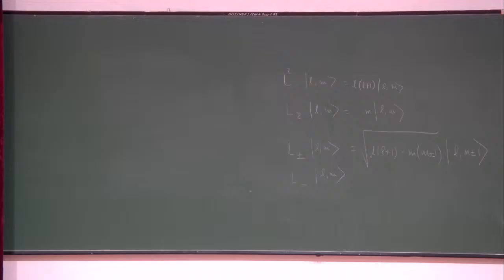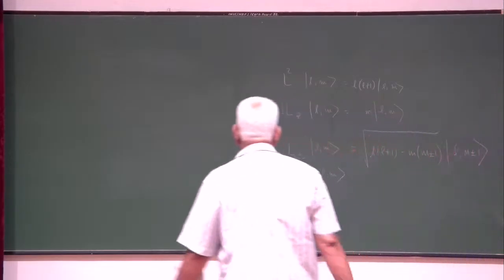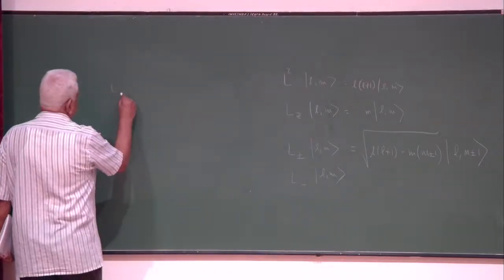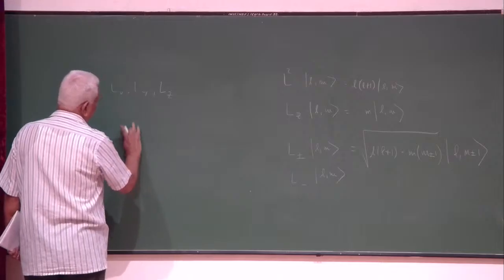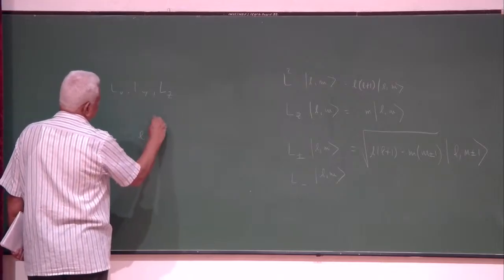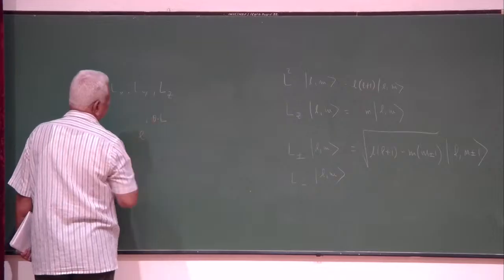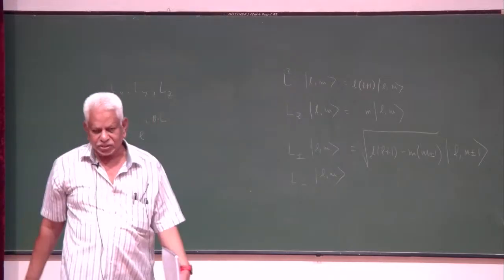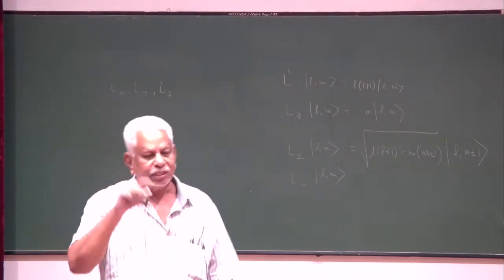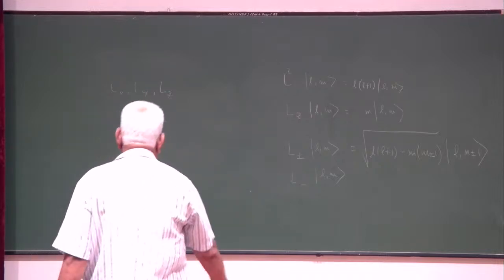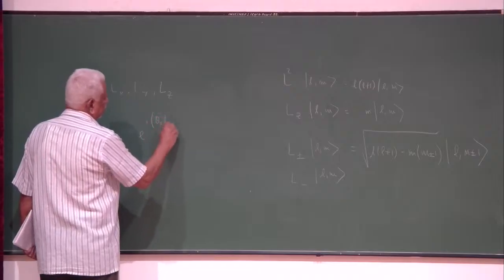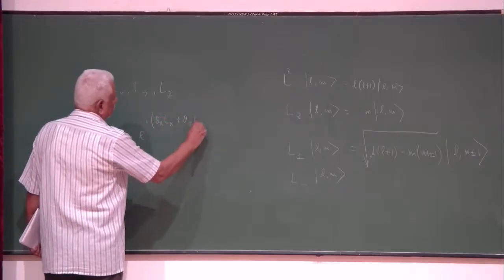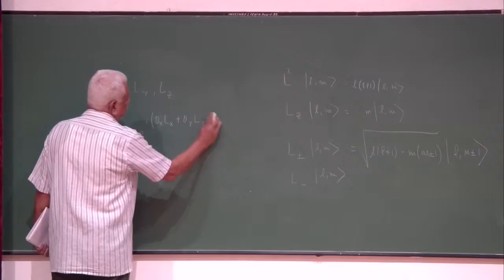Okay, what this generator will do for you is, once I have Lx, Ly, Lz, I can take e to the power i theta times L, that matrix, which means, let me write explicitly, theta x Lx plus theta y Ly plus theta z Lz.